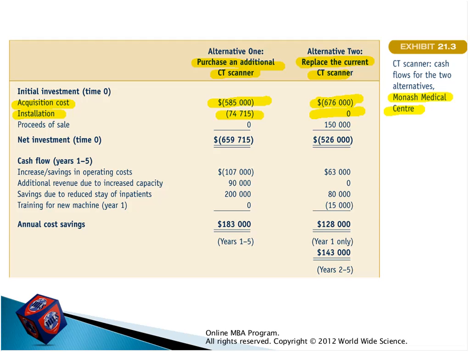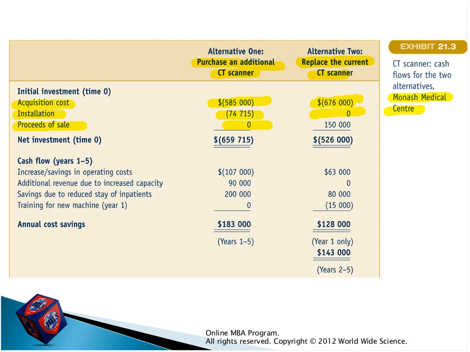Next one, the proceeds of sale. This is if we sell the old assets, how much revenue we could get from those assets. In the first project, we are not going to sell our CT scanner because we are buying an additional one. We are going to use two CT scanners, so the price of sale is equal to 0.